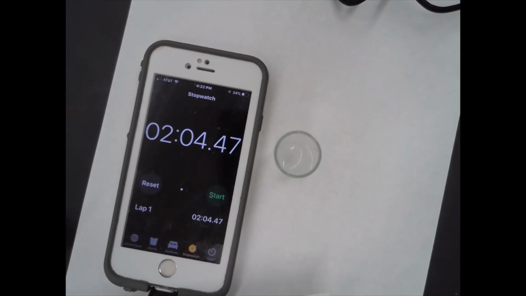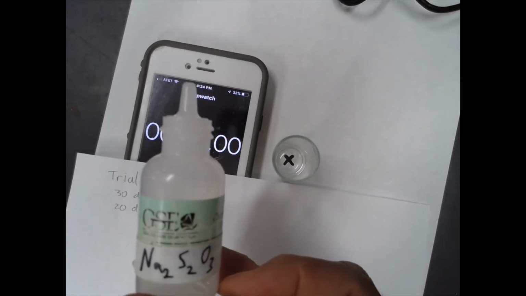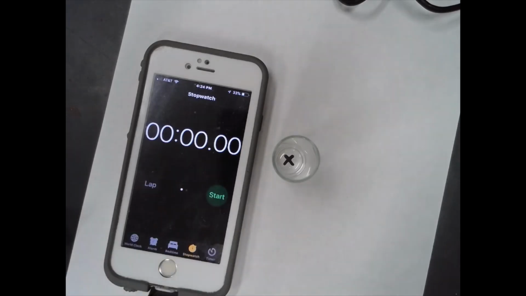So here come the results of trials 1, 2, and 3. We decreased the concentration. Here's trial 4: 30 drops of hydrochloric acid, 20 drops of sodium thiosulfate. I've added the hydrochloric acid, so I'll start when I add the first drops of sodium thiosulfate.